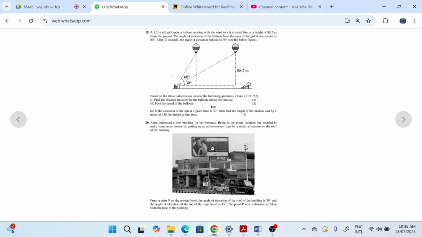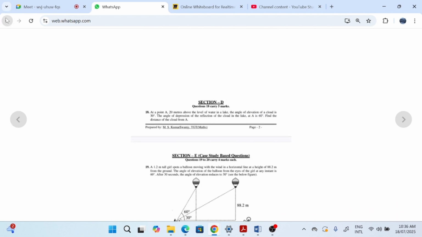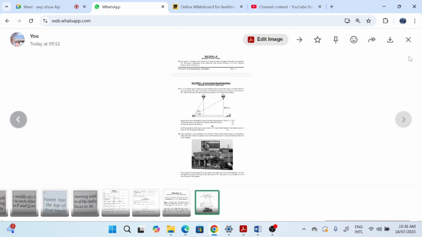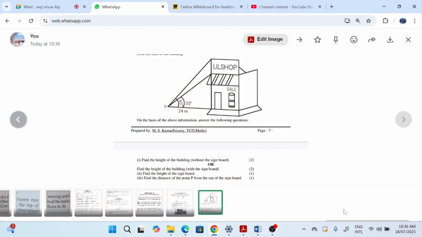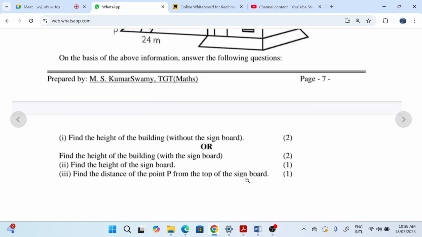I have sent it in the group. Is it clear? Yes, ma'am.